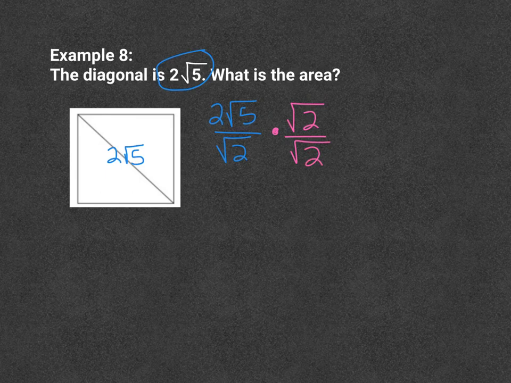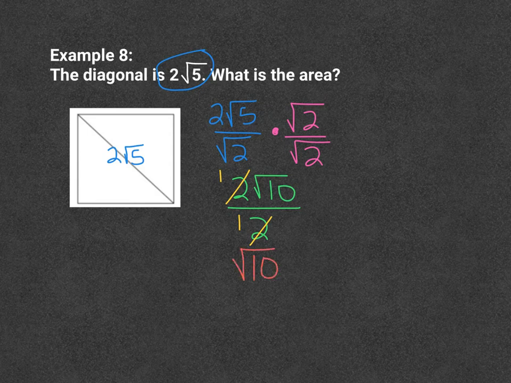So 2 root 5 times root 2 will give me 2 root 10. And root 2 times root 2 will give me the square root of 4. The square root of 4 is 2. Now I'm going to simplify. 2 divided by 2 will give me 1. That means that each of my legs will be root 10 units long.